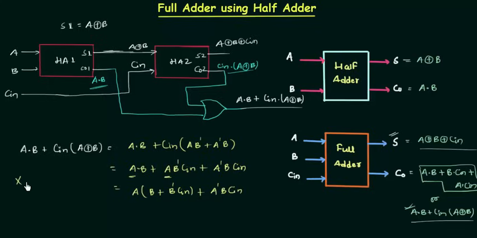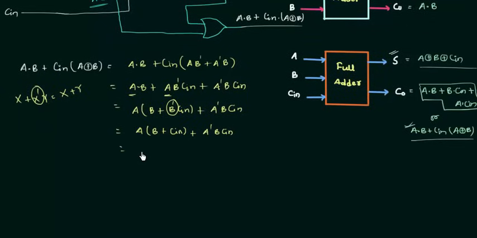Let's take A common from the first two minterms, and we will have A in bracket B or B complement Cin, A complement B Cin. We already know x or x complement y is equal to x or y. We will neglect this part. In the same way, we will neglect B complement and we will have A (B or Cin), and the rest part will remain the same. We will again use the distributive law and we will open this bracket: A and B or A and Cin or A complement B Cin.